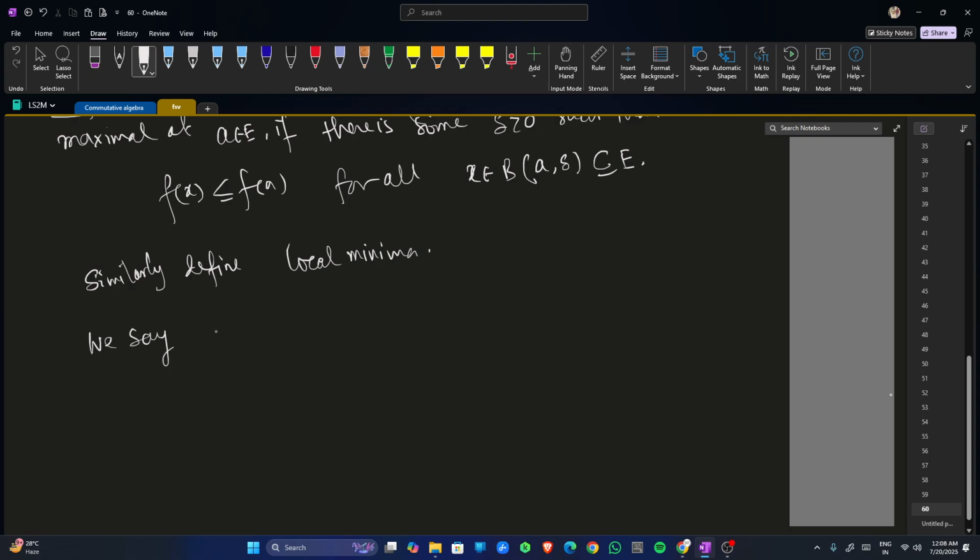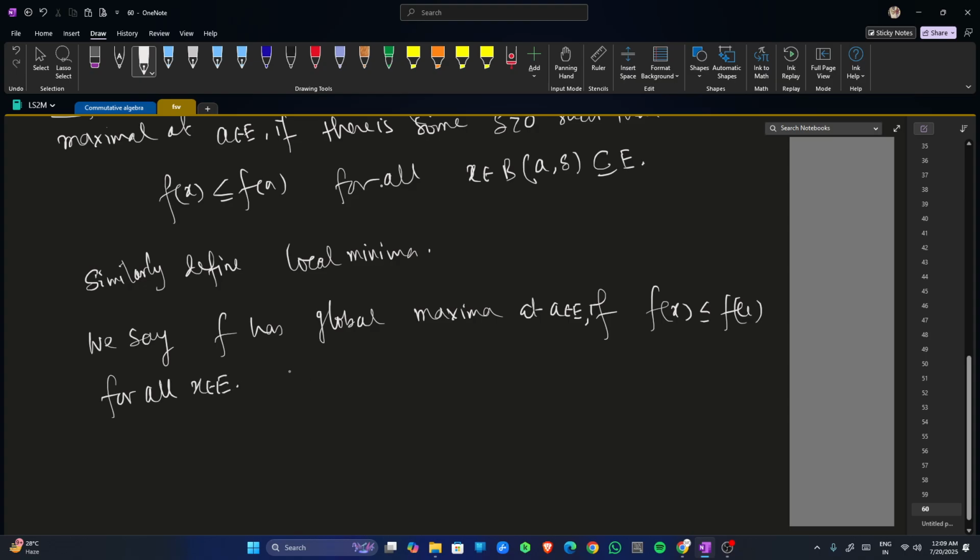We say f has a global maxima on E, or a global maxima at a, if f(x) is less than or equal to f(a) for all x belongs to E. Similarly, define global minima.